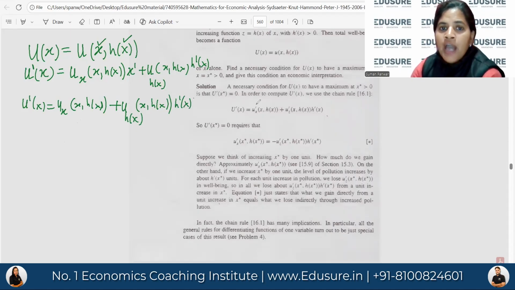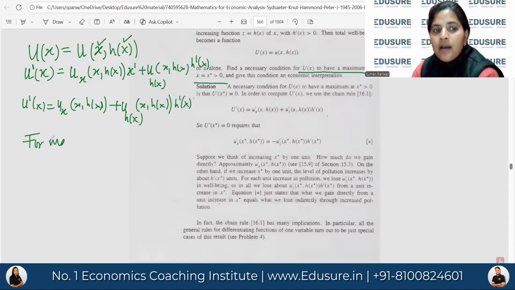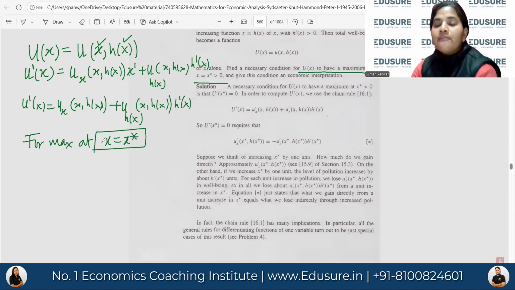Now, if you want to have a maxima at x equals x star, whenever we want to find the maxima of a one variable function, the rate of change at that particular point should be 0.